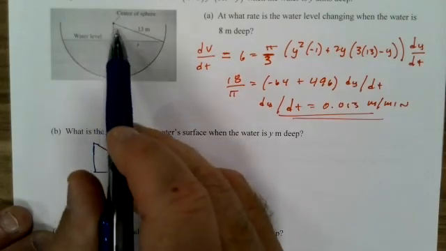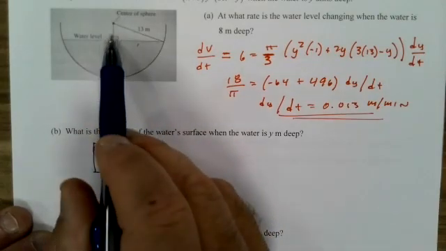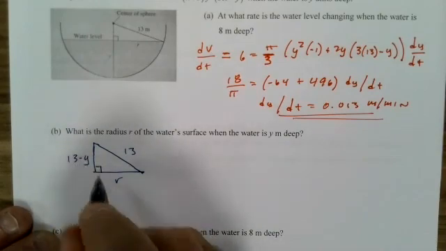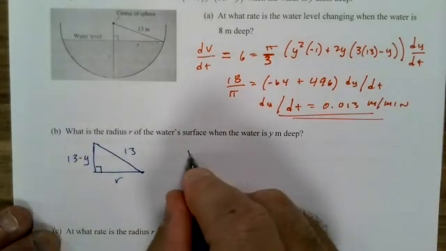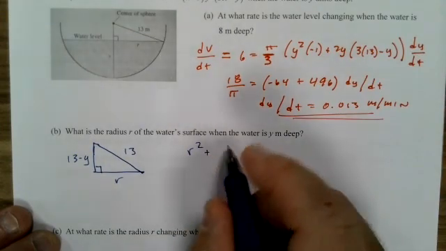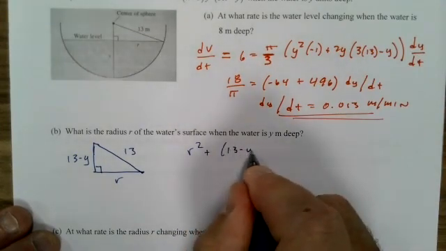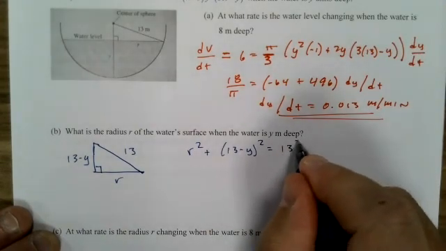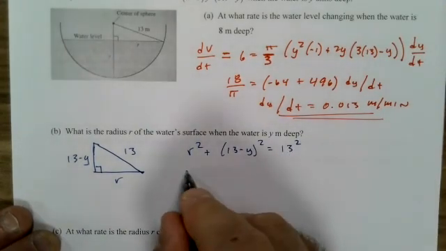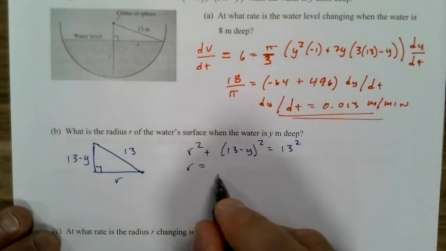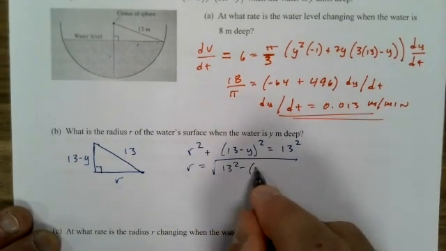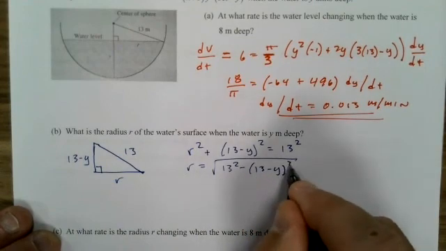The radius of this entire thing is 13. This distance is 13 minus y. r squared plus (13 minus y) squared equals 13 squared. r equals square root of 13 squared minus (13 minus y) squared.